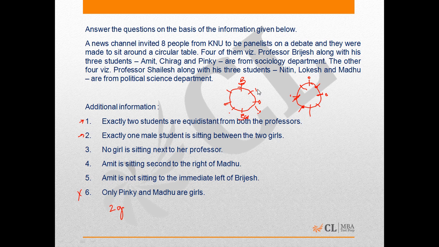Let's consider the first case, in which the 2 girls are sitting at these 2 positions, and it is also given that no girl is sitting next to her professor, which means Madhu has to sit to the immediate left of Bridges, and Pinky has to sit to the immediate right of Salles.